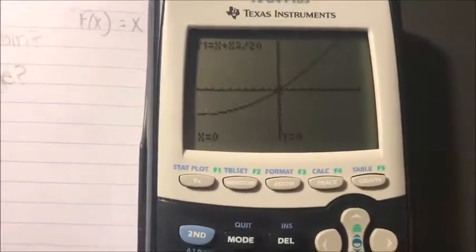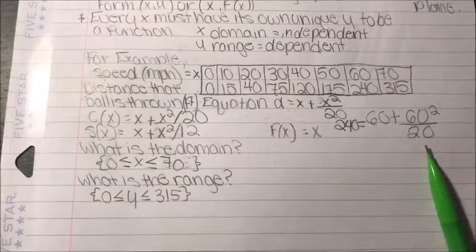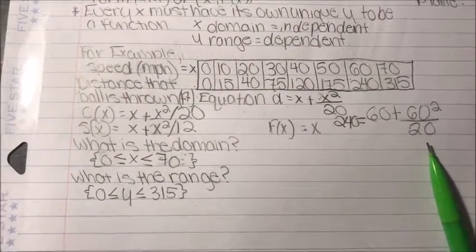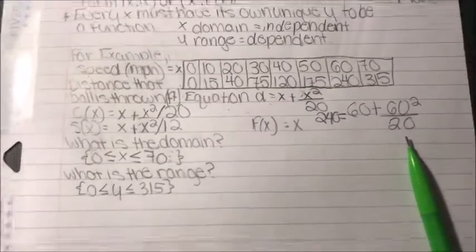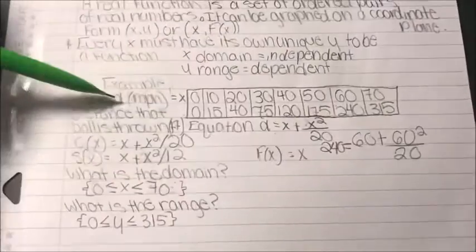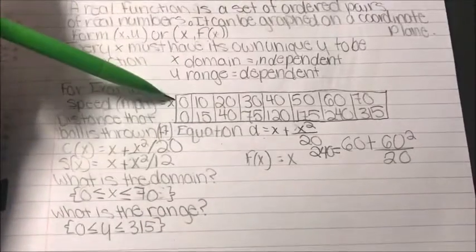So here's the function, and for this ordered pair there's also a domain and range. The domain would be for speed, from 0 miles per hour to 70 miles per hour.